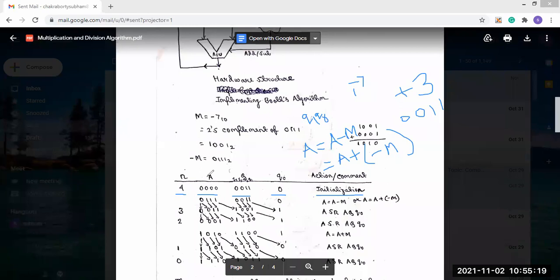In the next class I will start the explanation again from this tracing table. Both of these multiplications are very important, so they should be completed, and in the next class I will do that.